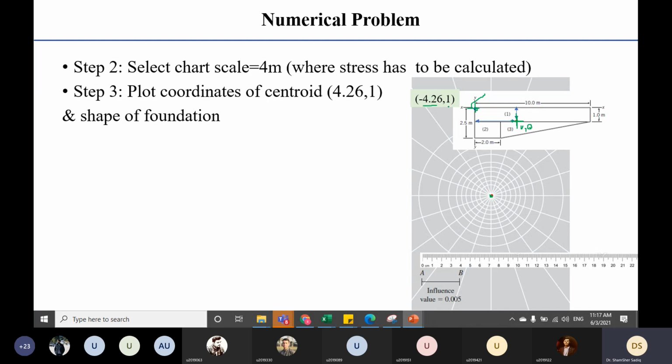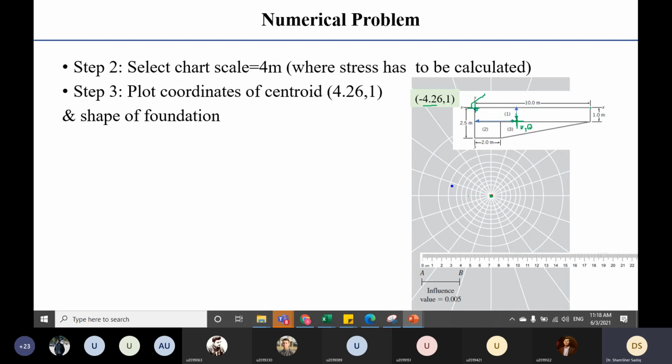So what you will do, you will take a scale, and with that scale you will measure -4.26 horizontally and measure 1 vertically, and you will locate one point. Suppose that point is this one. So this is your 0,0 on the Newmark chart. Then you have to locate this point.